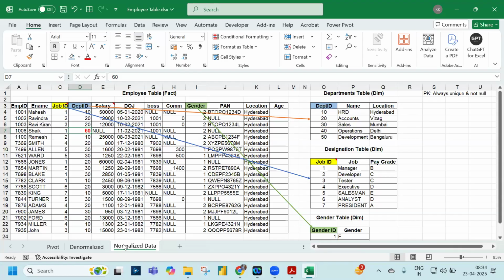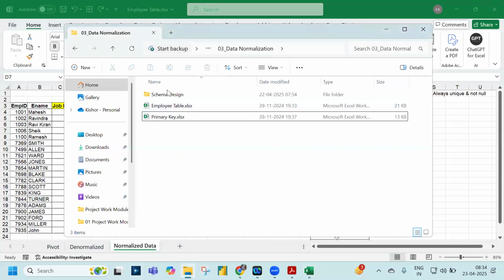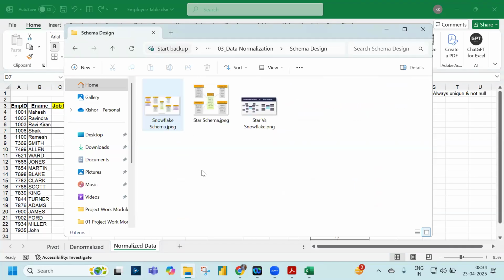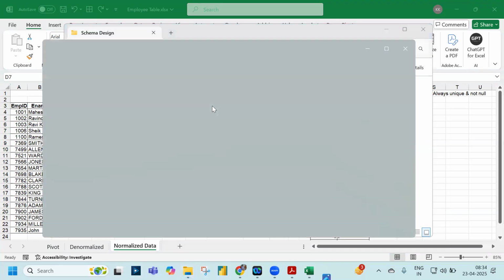But while doing this, we do a little bit of denormalization on the data. If you have so many tables involved, the model performance will be affected. As a result, the end user finds the report is running a little slow. So what do we try to do? We try to denormalize the data to get it into a star schema.